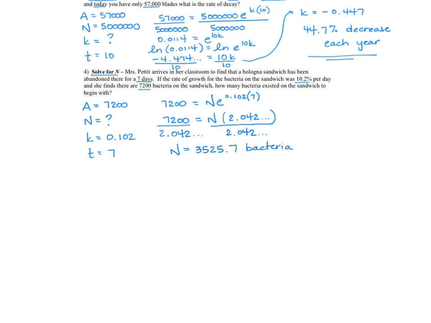And I'm okay with leaving that as a decimal. Originally, it probably started with some whole number value of bacteria. But at the point where we're talking about it 7 days in, it may have already been growing, so there could be the possibility that it was in the process of growing a bacteria. So I'm going to leave the answer as 3,525.7 bacteria.